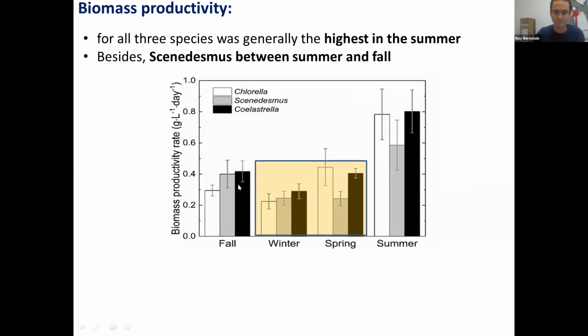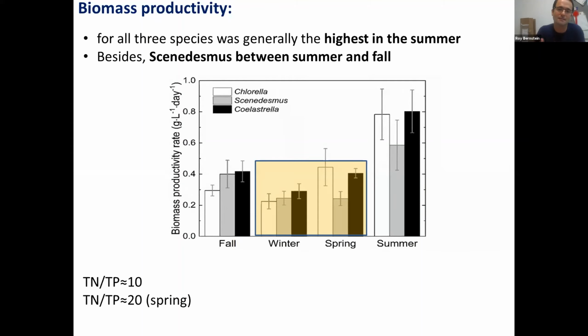However, spring and winter, although the climate conditions were very different, were very similar, and this was quite surprising. So we analyzed the water and looked at the water characteristics, and what we saw was that the TP concentration and the ratio between the TP and the TN was much less favorable for microalgae growth during the spring.